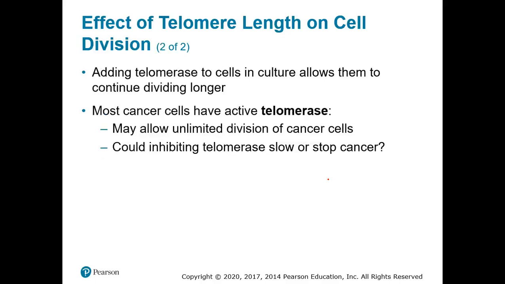So, how can we figure out how to turn on telomerase in our cells? That would be the key to immortality. And one of the most tragic and poetic things is that most cancer cells, even somatic cancer cells, have active telomerase. Somehow cancer cells have figured out how to turn on telomerase and repair their telomeres, so their chromosomes will never shorten. Because remember, the whole thing about cancer cells is unregulated cell growth.